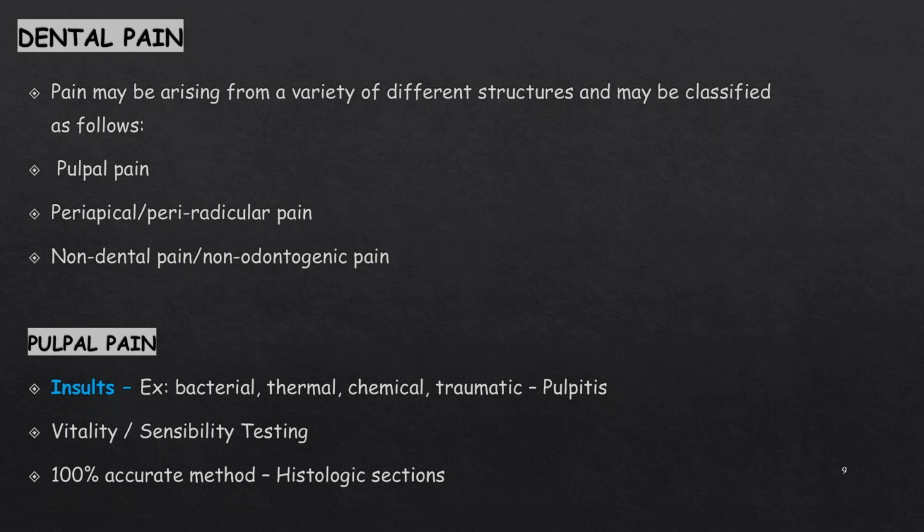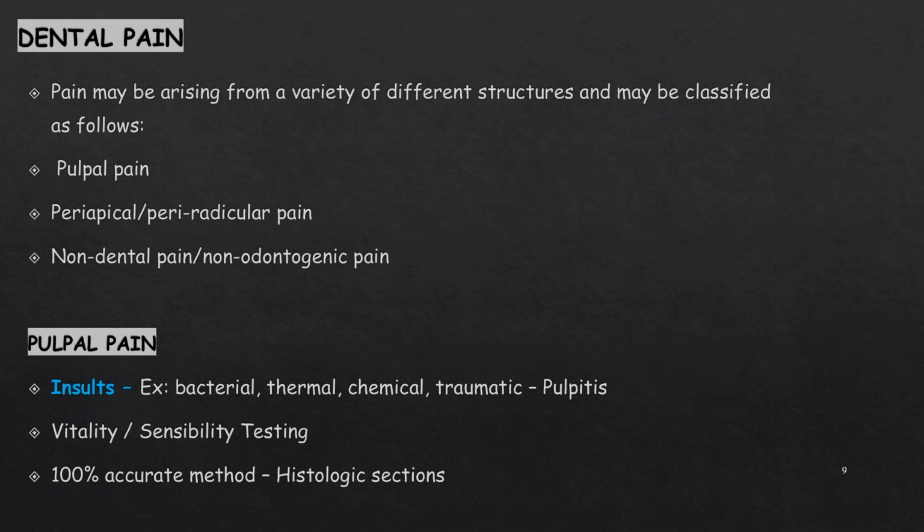Pain sometimes could also be non-dental or non-odontogenic pain, which is not at all related to the tooth or tooth-bearing areas, such as from adjacent structures, muscle hypertrophy or dystrophy, or abnormalities in the temporomandibular joint or muscles of mastication, or MFDS, like this.